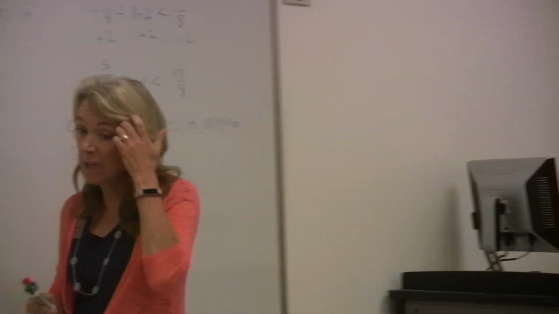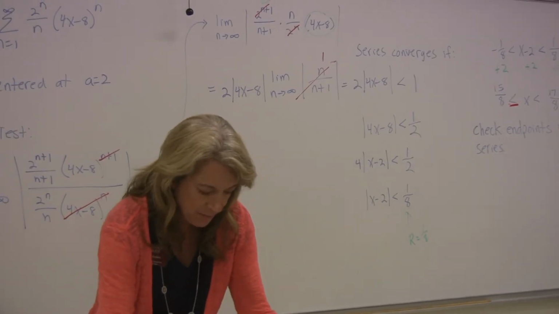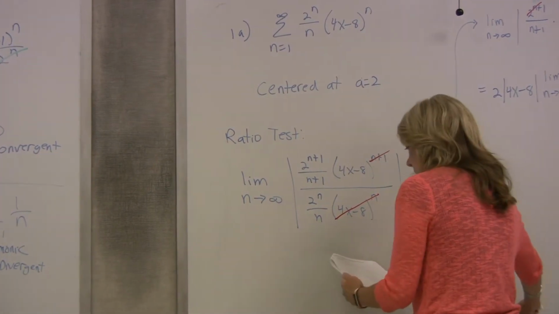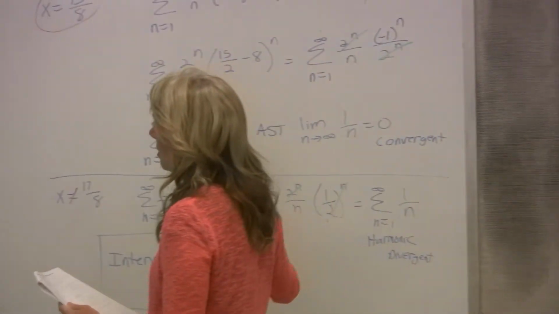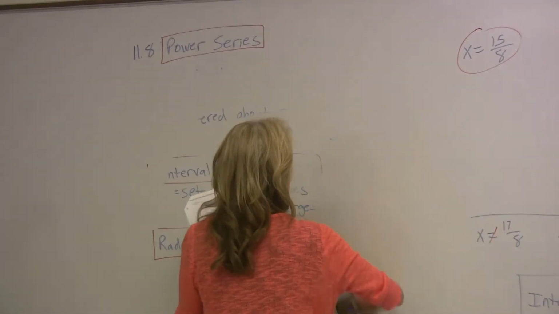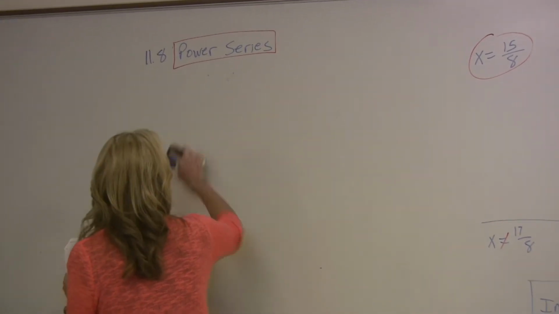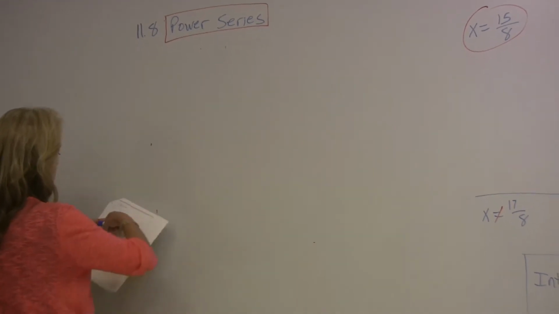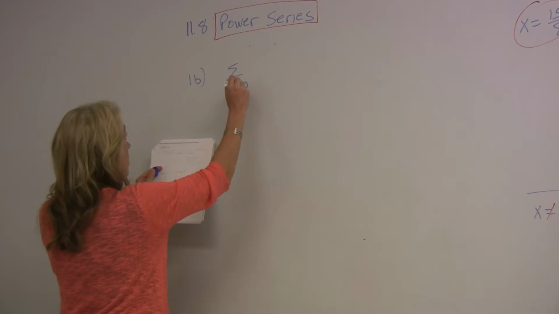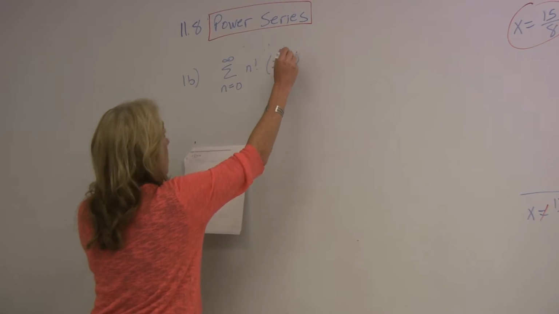Okay, so let's give you some special cases. Let's look at B. I'm going to erase this part now. We have this series, n equals 0 to infinity of n factorial times (2x plus 1) to the n.